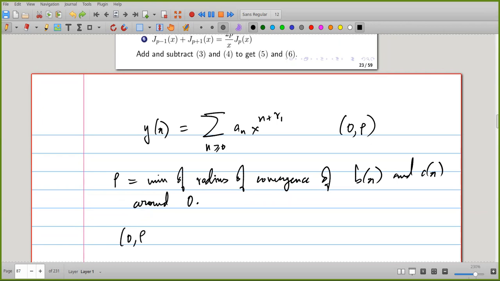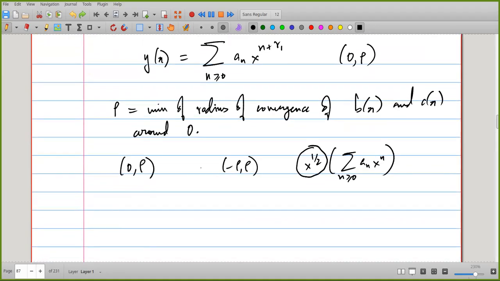The important thing is that it converges in 0 comma rho. One reason to not look at minus rho comma rho is that this is something like x to the power half times some nice series, a_n x to the power n. Surely you expect x to the power half to behave badly at 0.